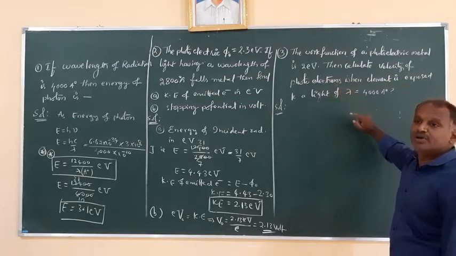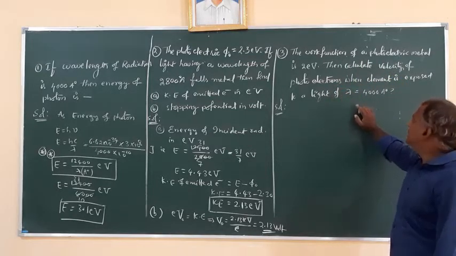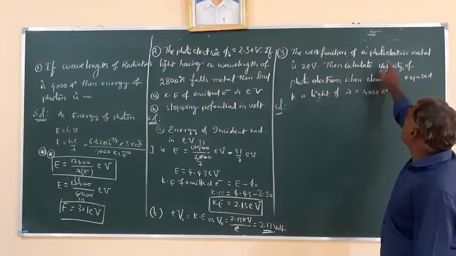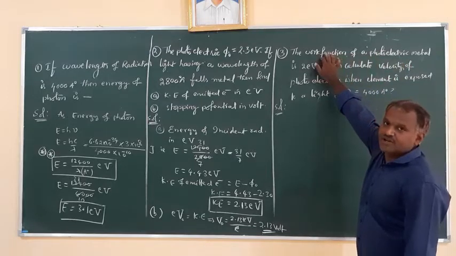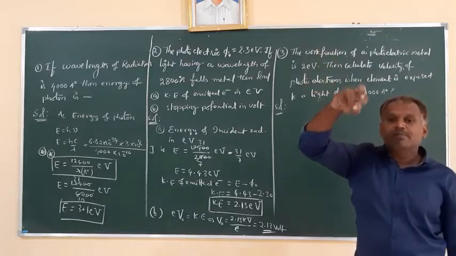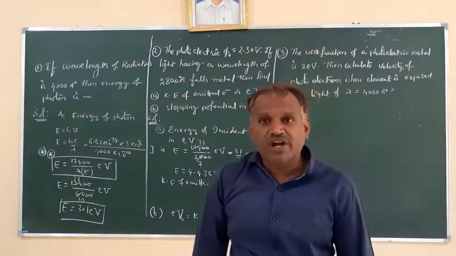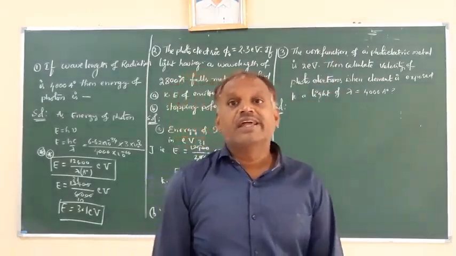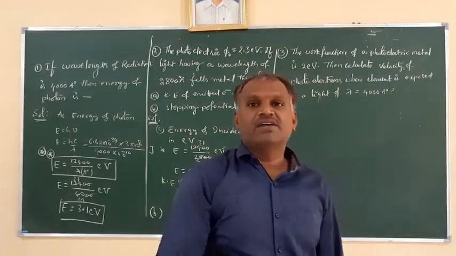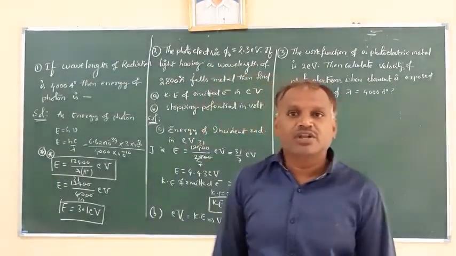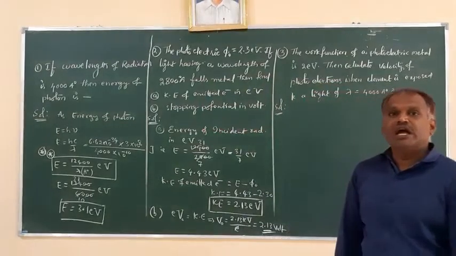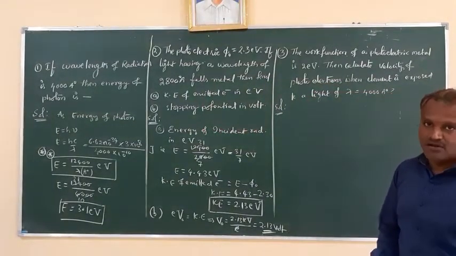So use the formula for velocity in terms of wavelength. And here the work function is given. That means first you write the equation for maximum kinetic energy. The maximum kinetic energy is given by the energy of incident radiation minus work function. Then you can get the maximum kinetic energy acquired by the emitted electrons. Right?